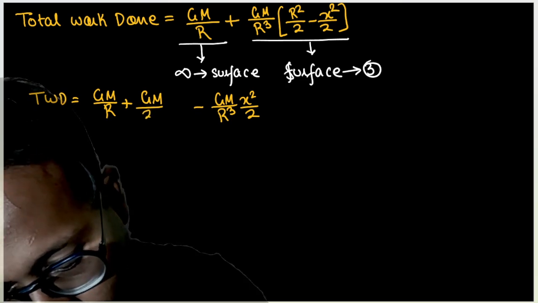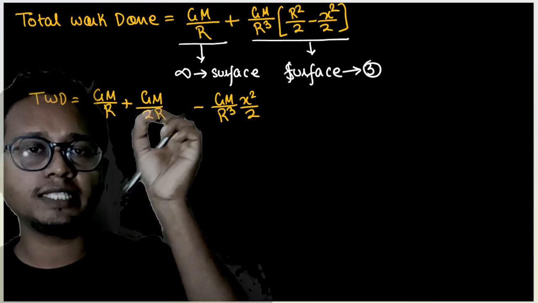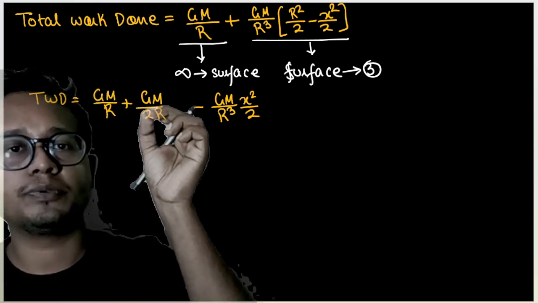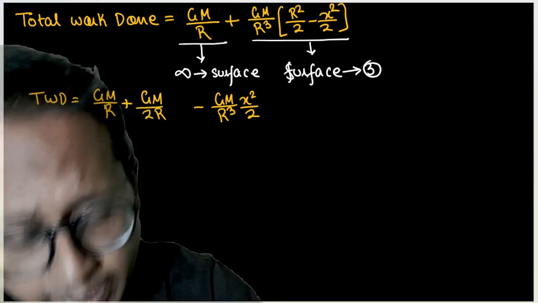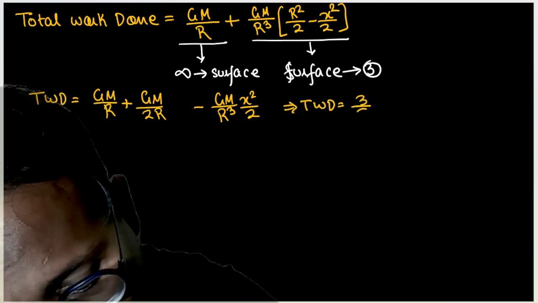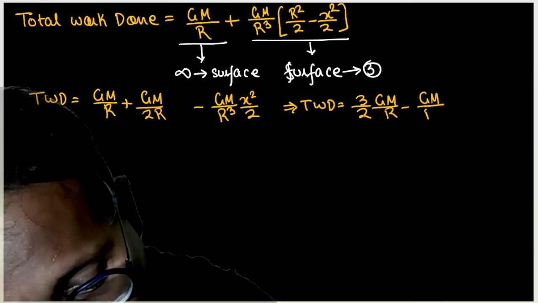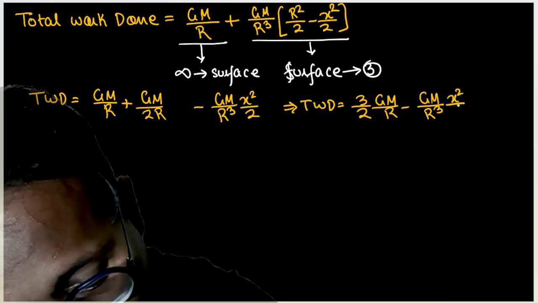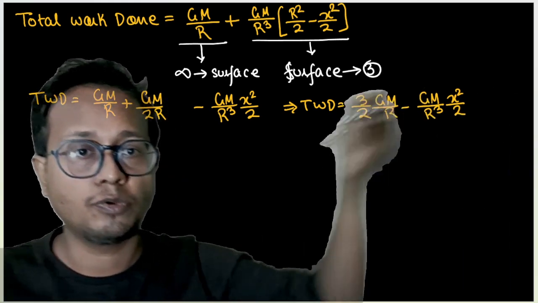GM by R plus GM by 2R is nothing but 3GM by 2R. If you take GM by R common, it will be nothing but 1 plus 1 by 2, and 1 plus 1 by 2 is nothing but 3 by 2. So the total work done is nothing but 3 by 2 GM by R minus GM by R cube into x square by 2. So this is the total work done in bringing a unit kg from infinity to point 3.